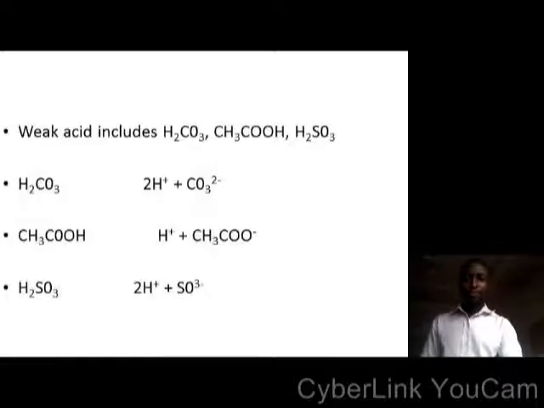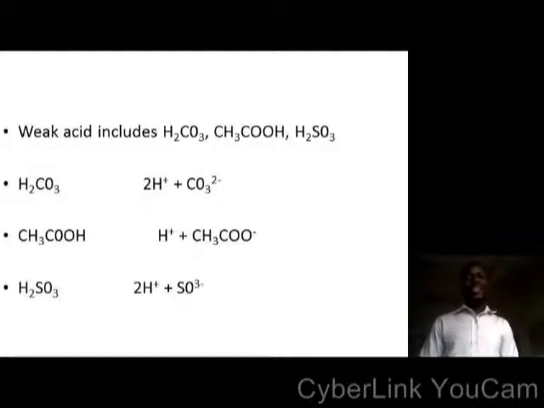Let's proceed. Look at this. These are some examples of weak acid. Number one is H2CO3, that is hydrogen trioxocarbonate(IV) or trioxocarbonate(IV) acid. Now the second one here is CH3COOH.